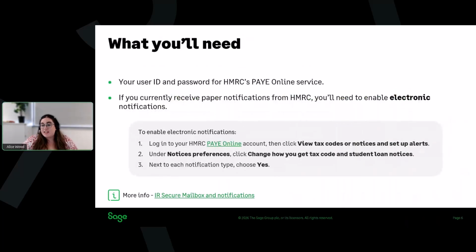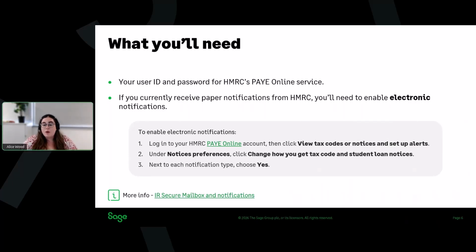Now to use the mailbox, first of all, you're going to need to know your user ID and password for HMRC's online service. Now don't worry if you don't immediately know what these are. These actually should already be in your programme just for when you submit your real-time information to HMRC, so your FPS, EPS, etc. And then second thing, you also need to have electronic notifications enabled.